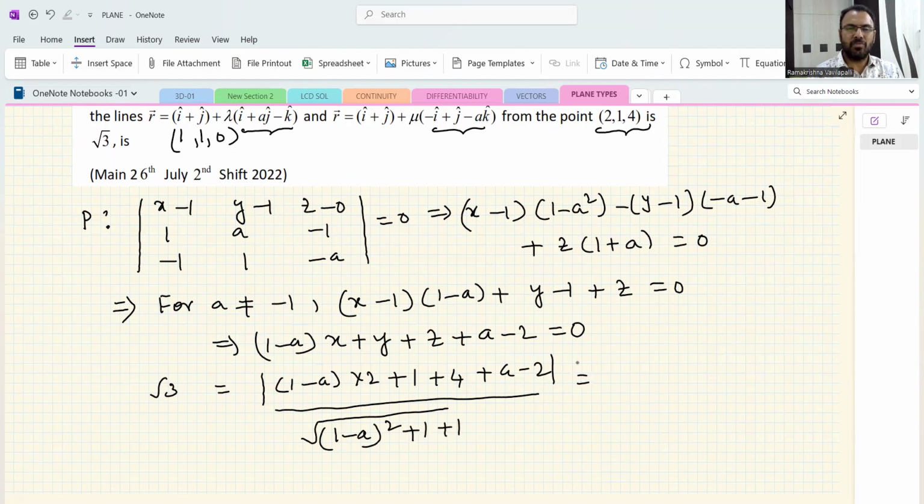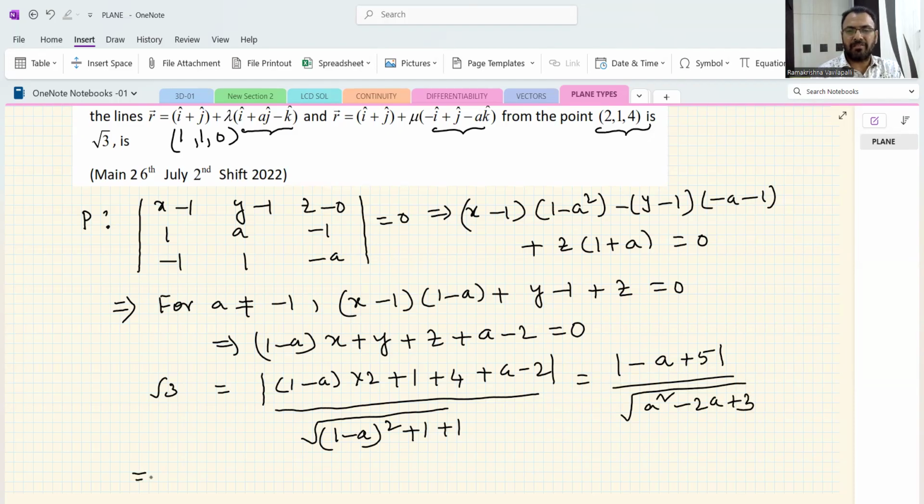This is equal to modulus of minus a and calculate what is the constant: 2 into 1, 2 plus 1, 3 plus 4, 7 minus 2, that is plus 5, whole by under root a square minus 2a plus 3.